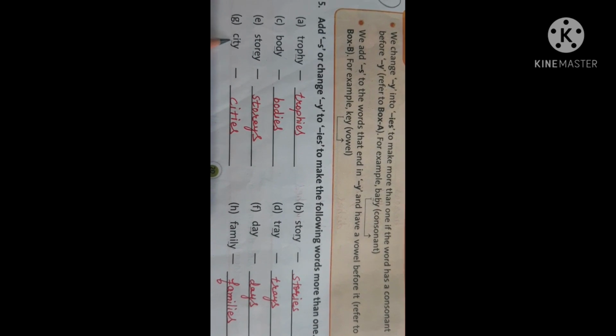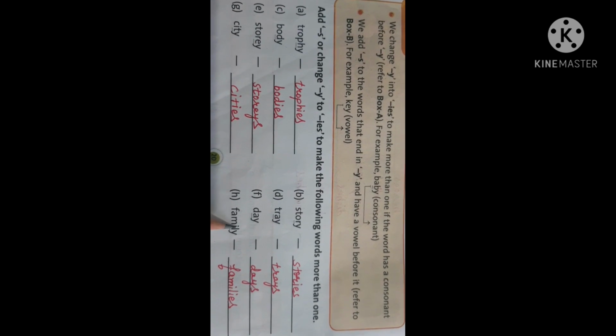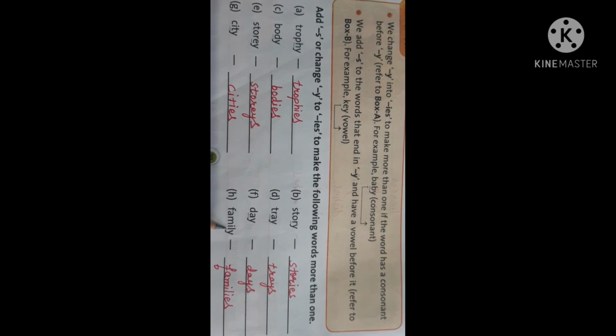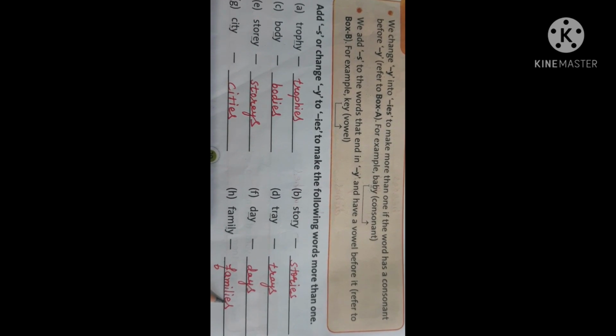City, this is consonant plus y, so we will change y to IES, cities. Now see this word family, so L is your consonant, right? So consonant plus y, so it will become families. Now moving ahead, we have I part, fairy. Now R is your consonant, consonant plus y, then it will become fairies, right?